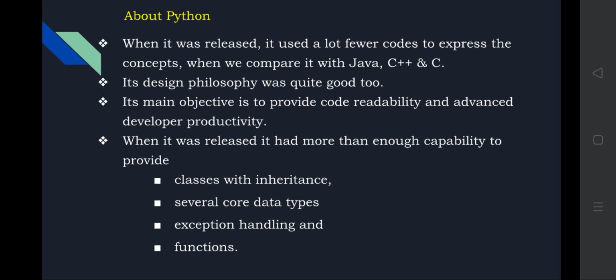Functions are separate pieces of code which are written and stored in memory, and any program can use them just by calling the functions with parameters. So the work will be done and the answer will be given through the functions. That is the concept of functions. So Python had these four capabilities from the beginning itself: classes with inheritance, several core data types, exception handling, and functions.